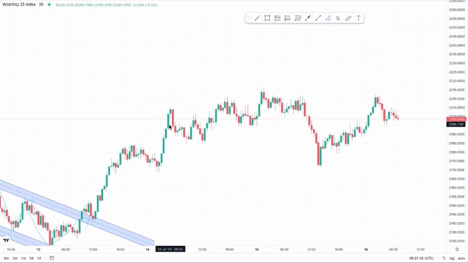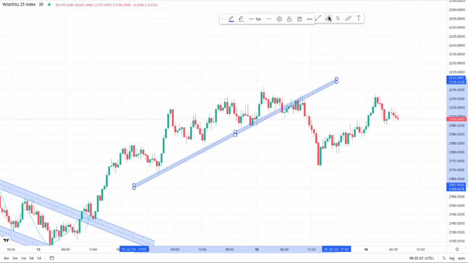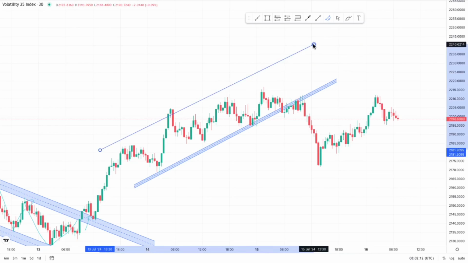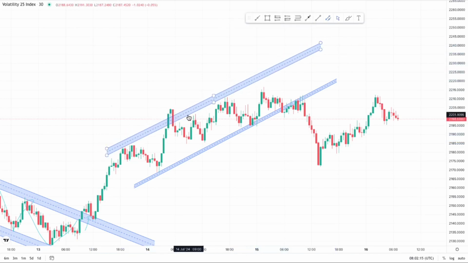And this is another example. You can see as price is in the uptrend, it's making a series of higher highs and higher lows right here, as you can see, and this is the other level right here. It slightly got broken here, but price came back into the range.